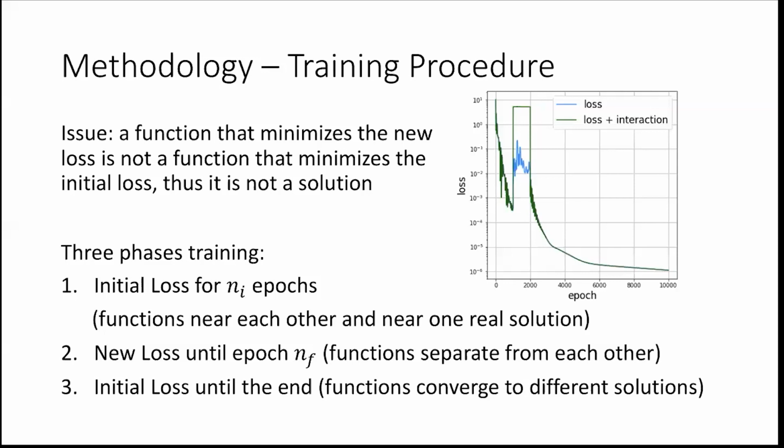Then we add it in the second phase, and the third phase is again without the term. At the beginning they will probably try to converge to the same minima. Then in the second phase they will separate from each other and try to stay near the minima but far from each other. Then in the third phase they will converge, and if the strength of the interaction is high enough, they will converge to different minima.